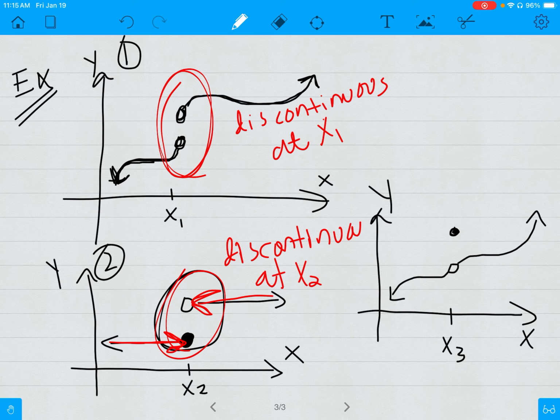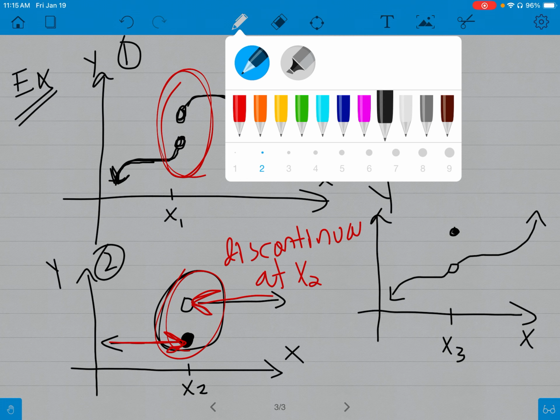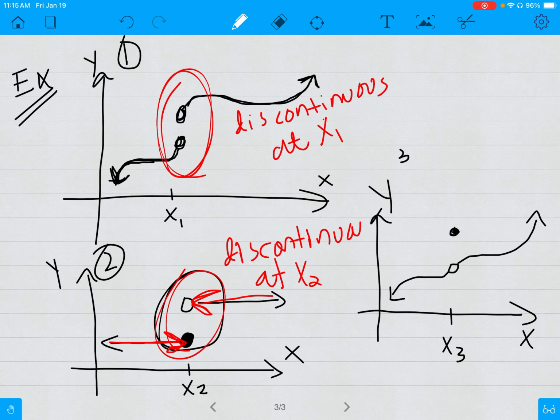Then when we're looking at this third graph over here, we have a nice smooth curve. Here there's a hole in the graph in the middle of our smooth curve, and there's a dot above it. So again, we can see that this informally is discontinuous, because to draw the entire graph of the function, I would have to pick up my pencil or my pen.